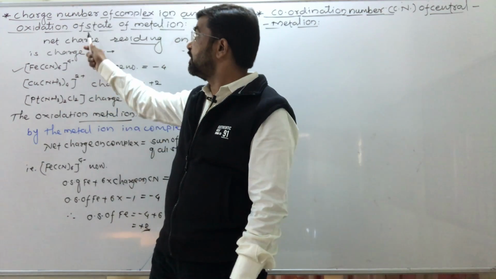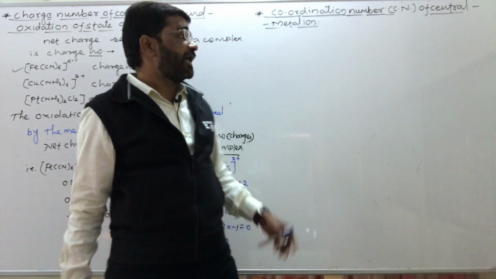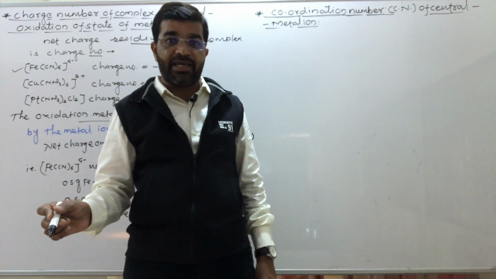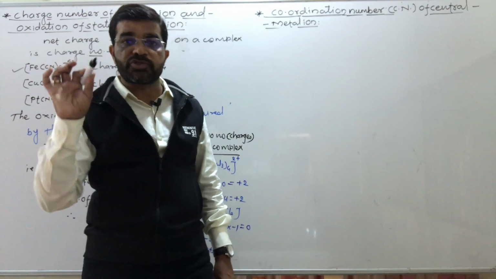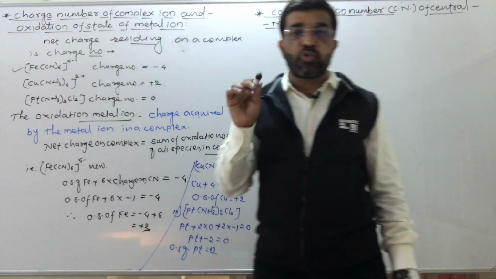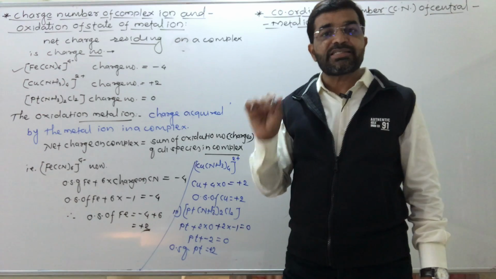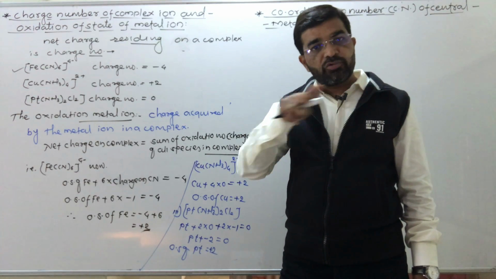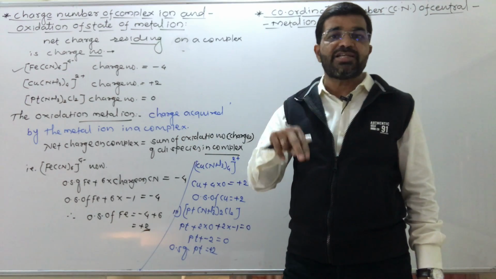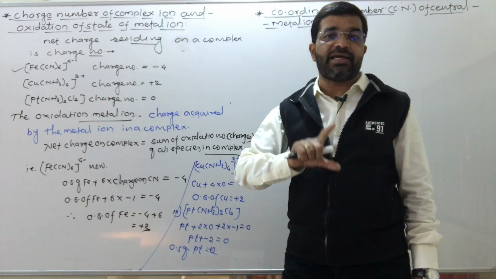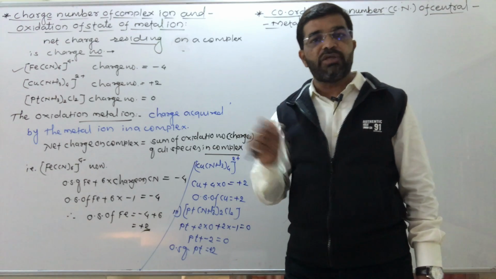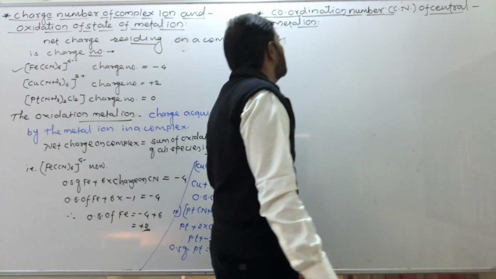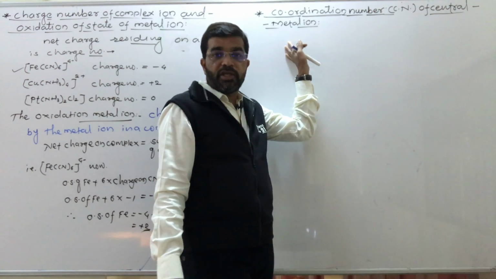So this is about the charge number of complex ion and oxidation number or oxidation state of metal ion. To find out the oxidation state of metal ion, we should know the charge present on that complex, and second, we have to do the sum of charges of all species present in that coordination complex. Then we can find out the oxidation number of metal ion.